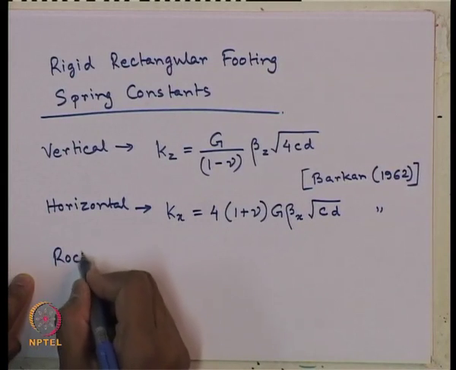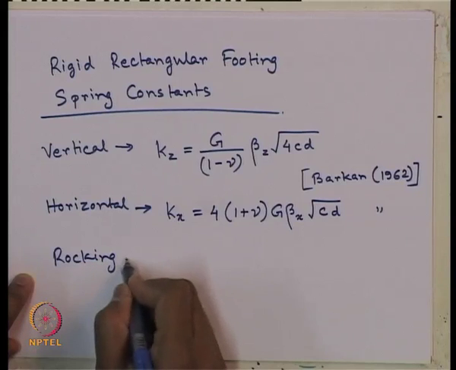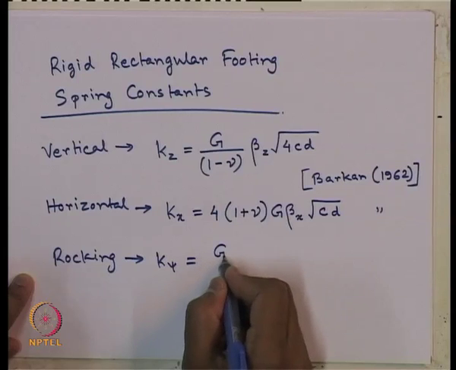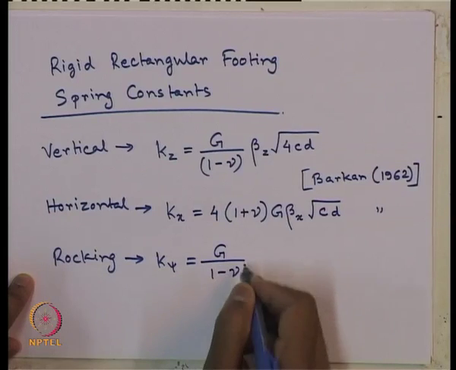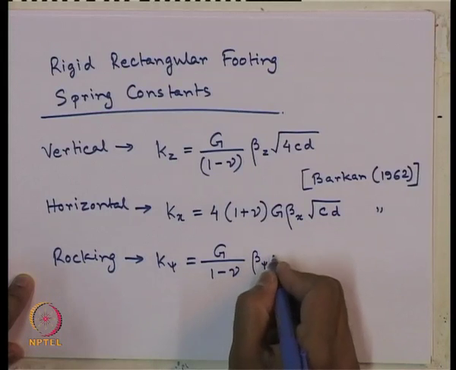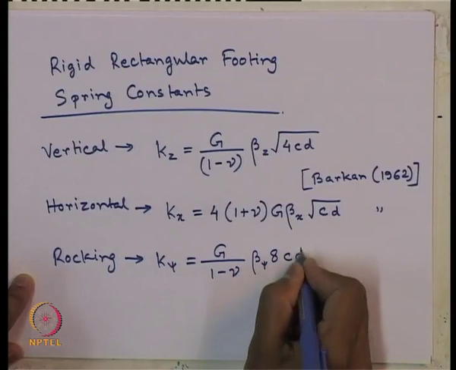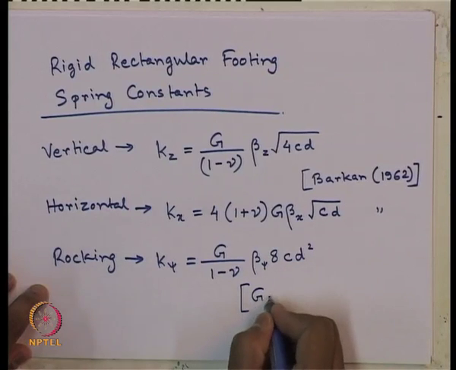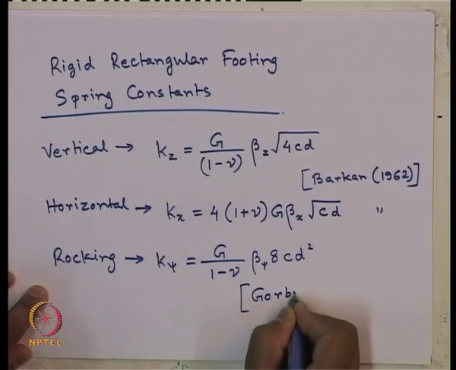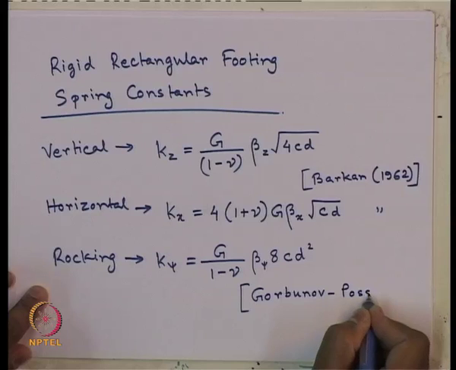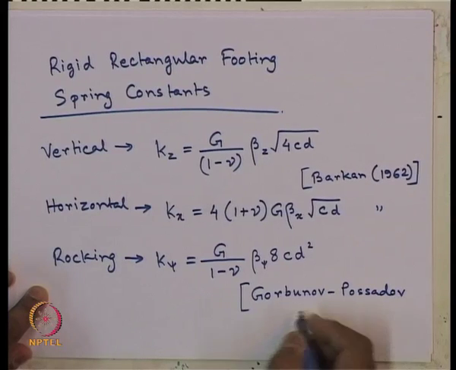For rocking mode of vibration, k psi can be calculated as g by 1 minus mu beta psi 8 c d square. This was given by Gorbunov Posadov in 1961.